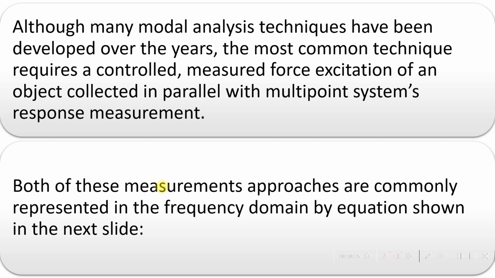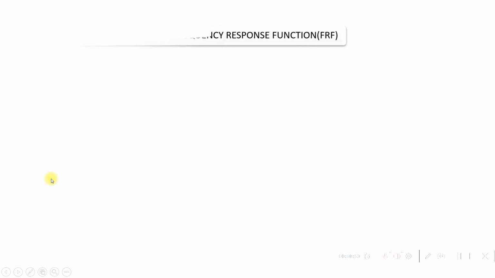Suppose you are modeling the machine in Simulink software, then the complete signal will be under your control, so you can easily convert the complete time domain signal into the frequency domain. There is a standard equation for that.